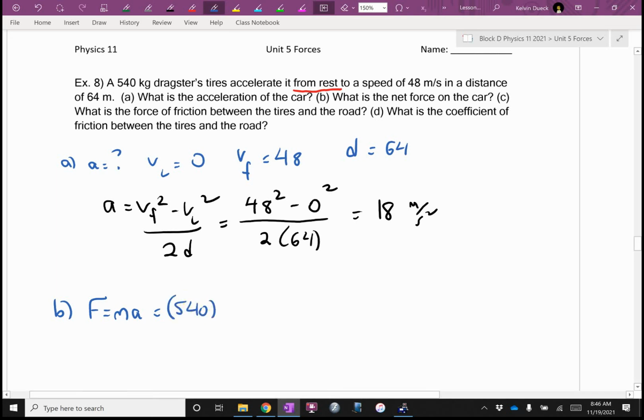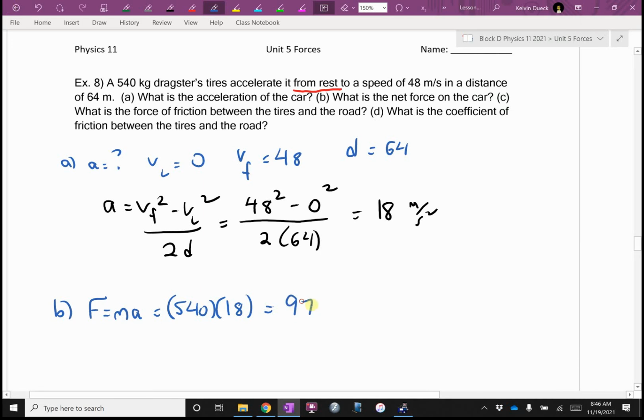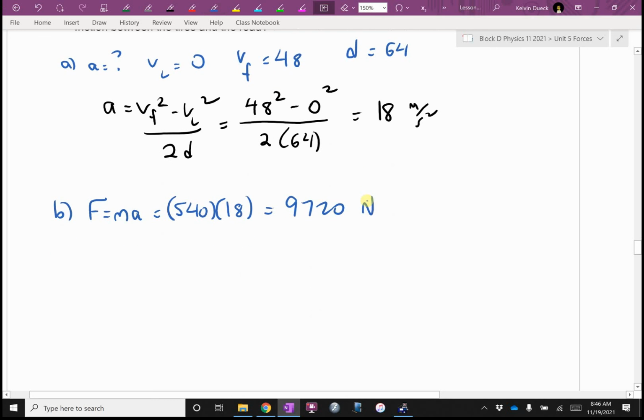No, but what did I find in part A? A. Uh, 9,720? Units, Zach? It's a force. Yep. Cool.